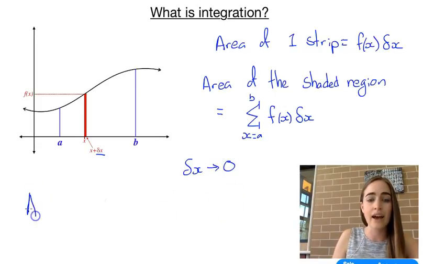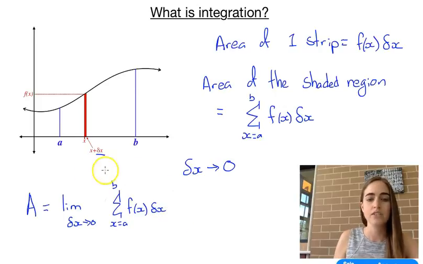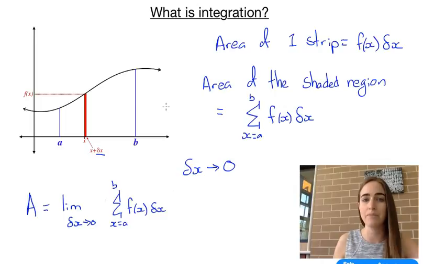So that means now that our area is going to be the limit as delta x approaches 0 of that area formula we had before. So we've got sigma from x equals a to b of f of x delta x. So this whole thing is calculating the area under that curve between a and b.